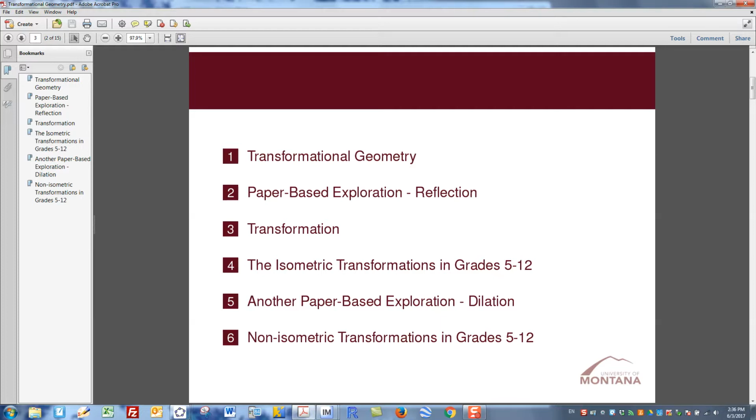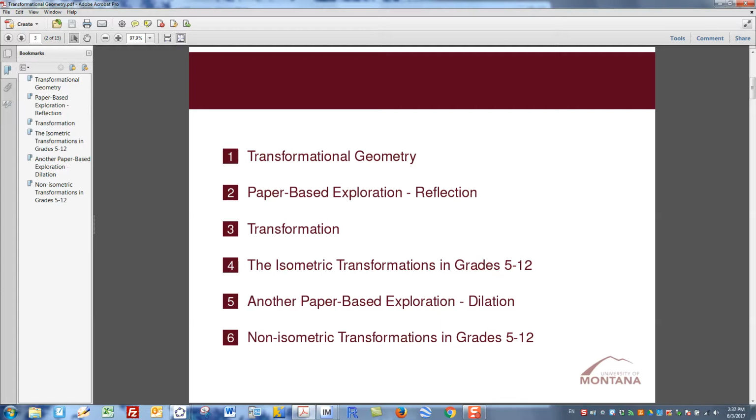I want to do one of the explorations I commonly do with my classes of pre-service teachers that perhaps you might consider for developing conceptual awareness of reflection for your students if you happen to teach this topic. Otherwise, it might be interesting to you to see if it helps you develop your conceptual understanding of what a reflection is.